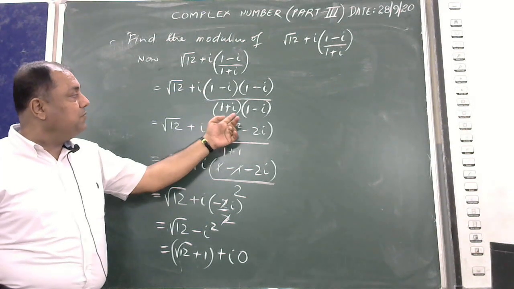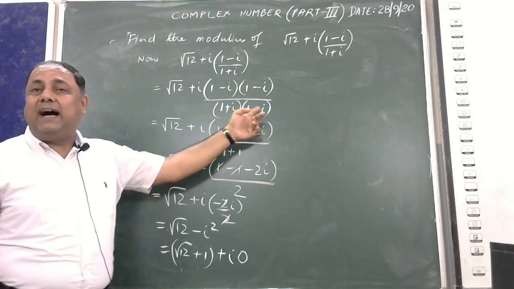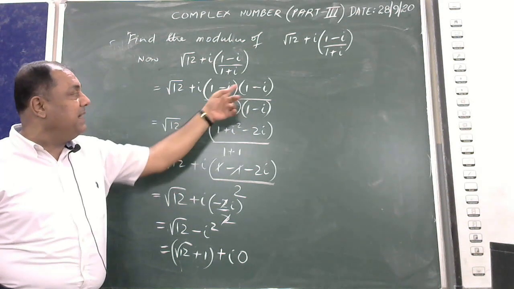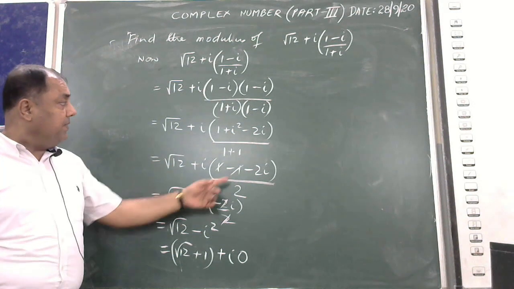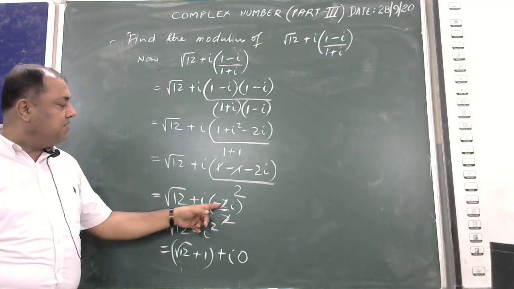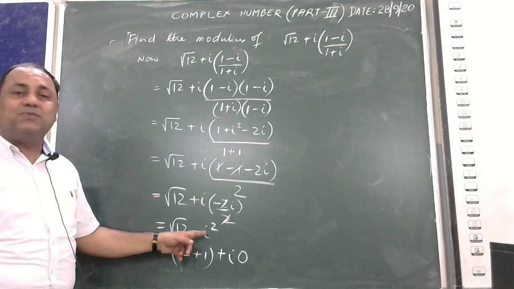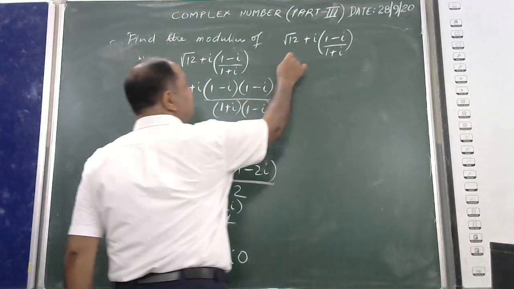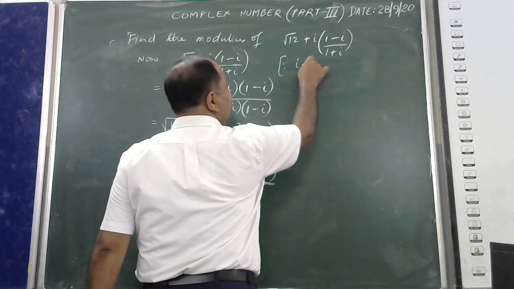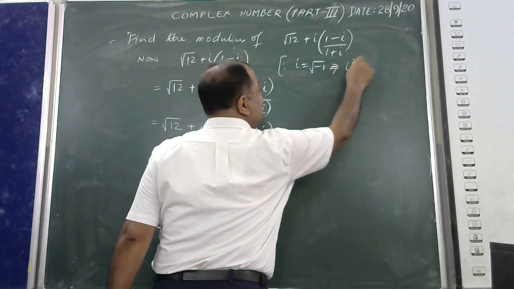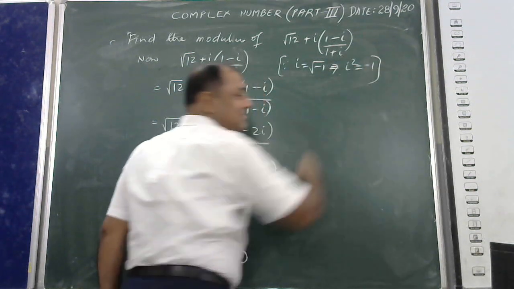This is equal to 1 minus i squared. i squared is minus 1. These two get cancelled. Minus 2 by 2. This is minus i squared, and minus i squared is 1, since i is root of minus 1, that implies i squared is minus 1.